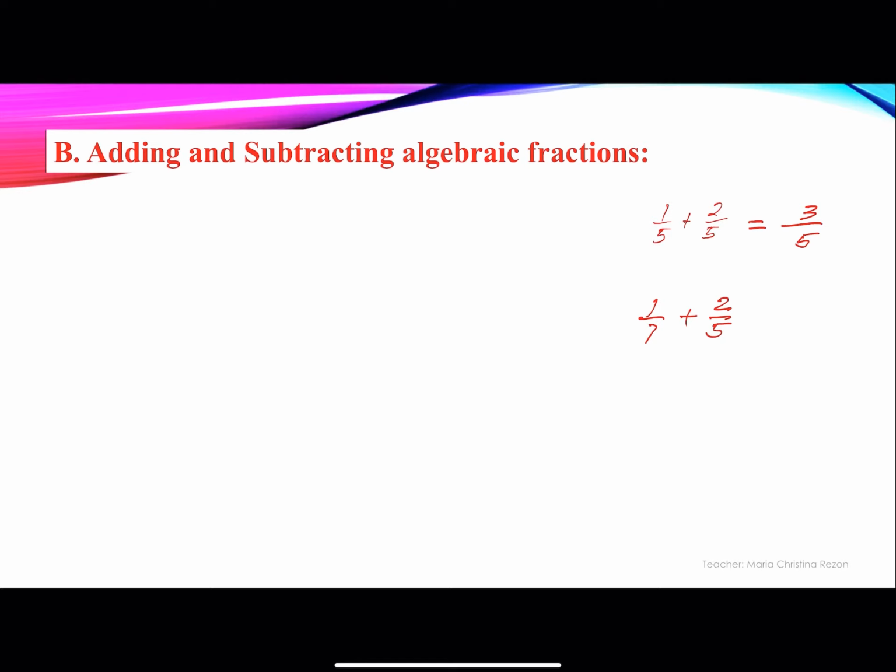So what you will do is multiply them. 7 and 5 gives you 35 when you multiply. So you have 35 there. 35 divided by 7 times 1 gives you 5. Then 35 divided by 5, times 2, gives you 14. So your answer then is 19/35.